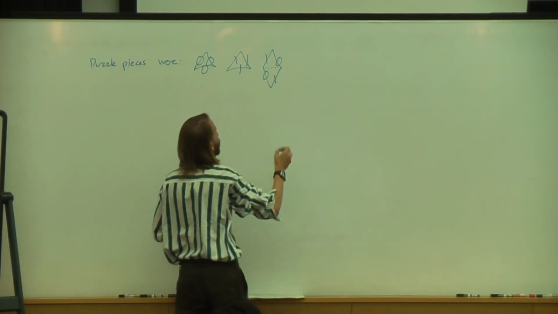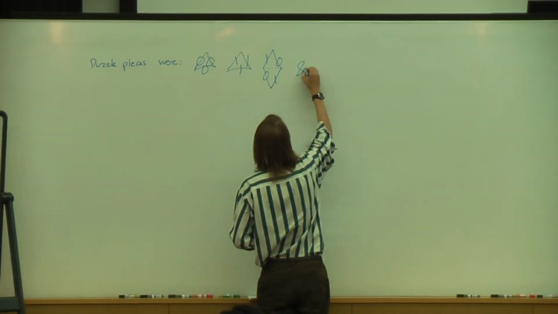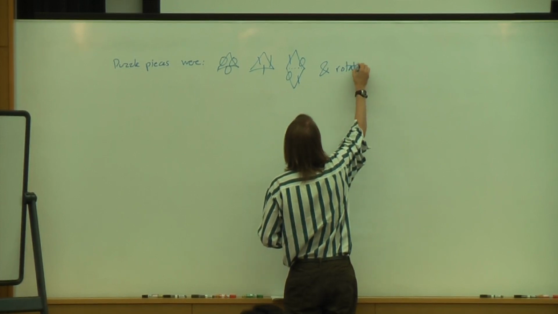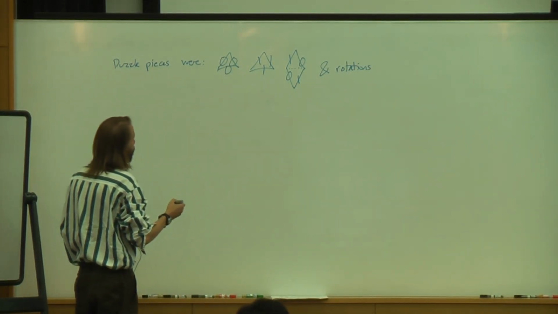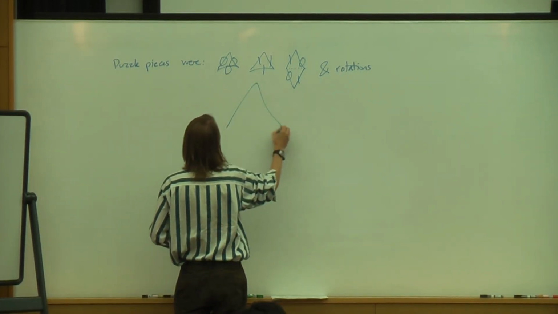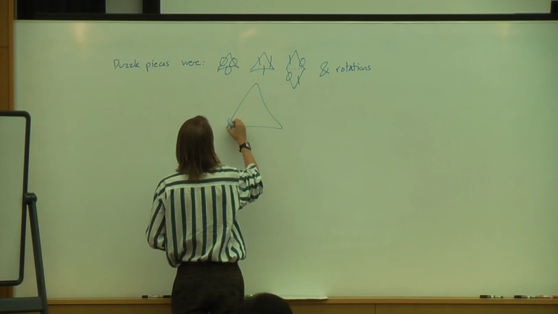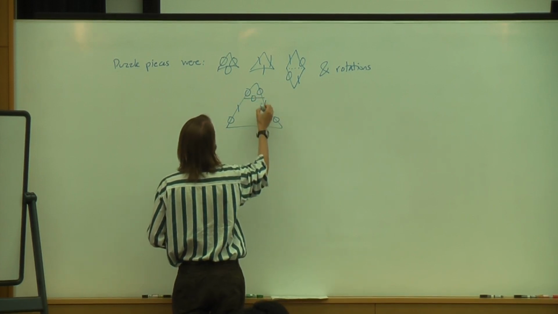Sorry, it's not a triangle, it's two triangles put together like that. And you're allowed to rotate them. And the whole puzzle was something like 0, 1, 0, 0, 1, 0, 0.